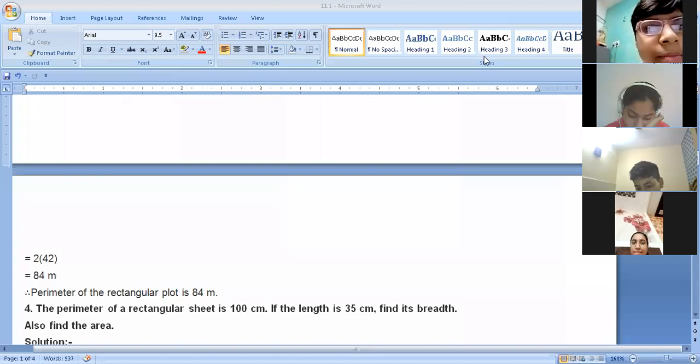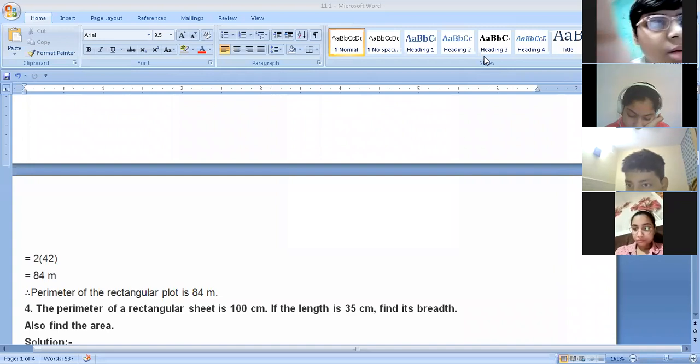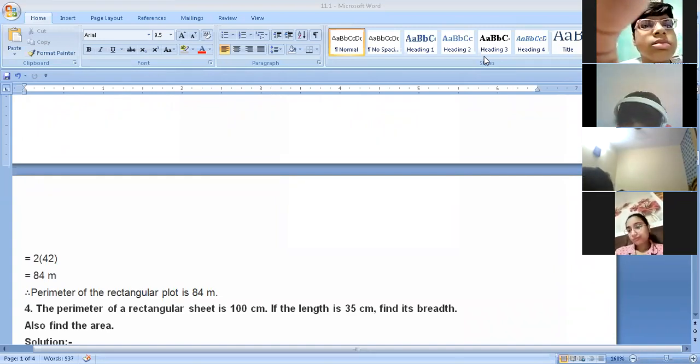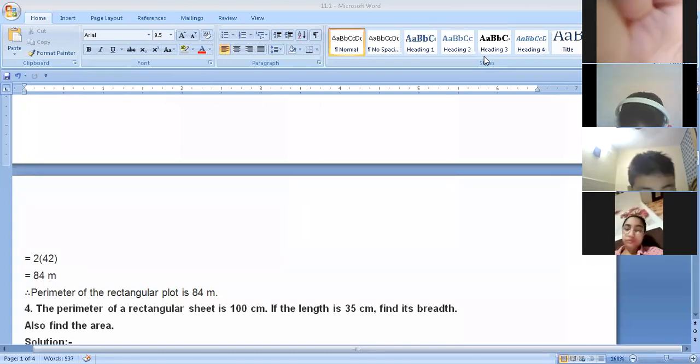35 cm. Find its breadth. Also find the area. So what we need here, what is given? In this question, what is given? Perimeter of the rectangular sheet is 100 cm. Yes, perimeter is given, and what else is given here?